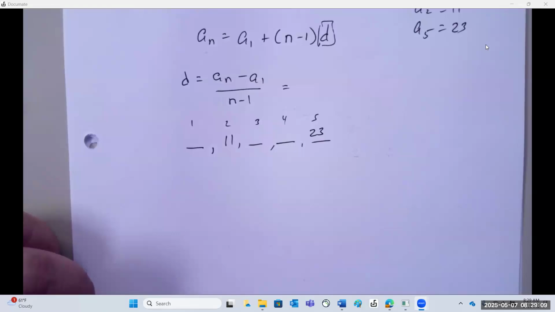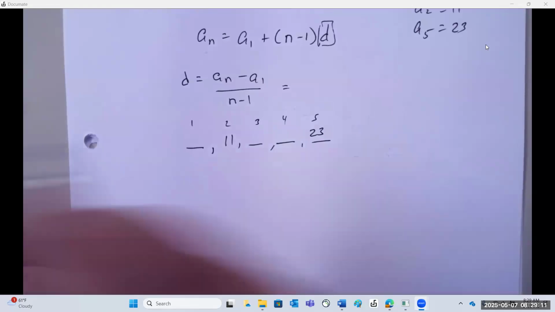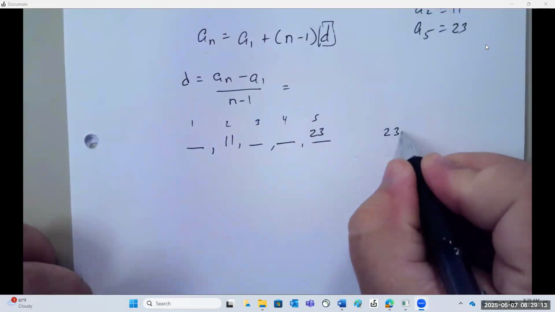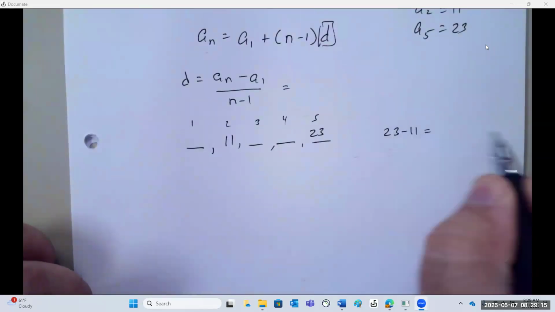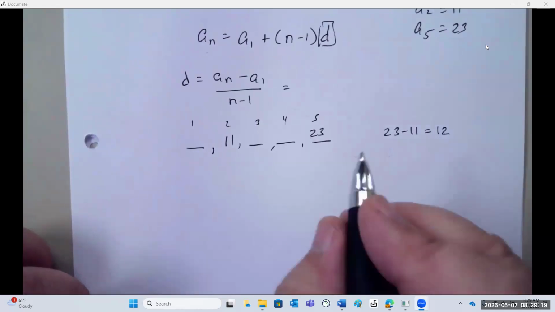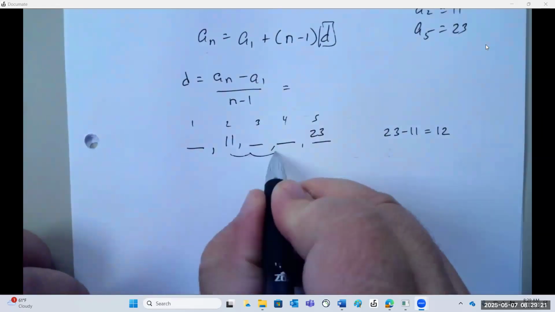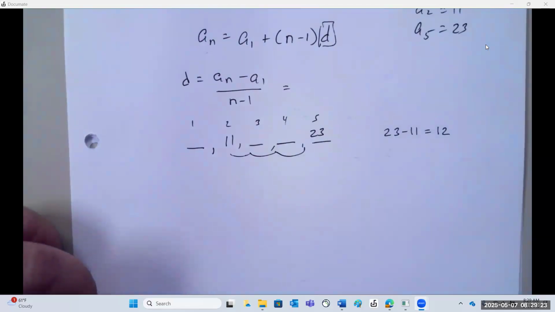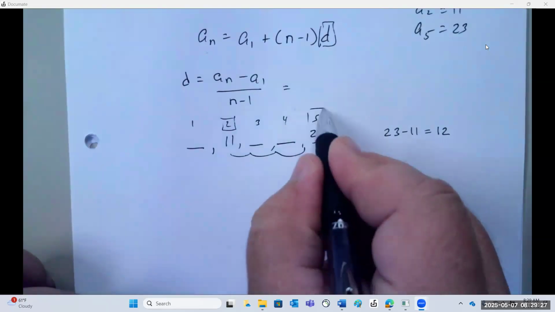You subtract 23 minus 11. Twelve. And divided by 2. Is it 2 or is it 3? We're going from the second to the fifth. Isn't that 3 numbers?